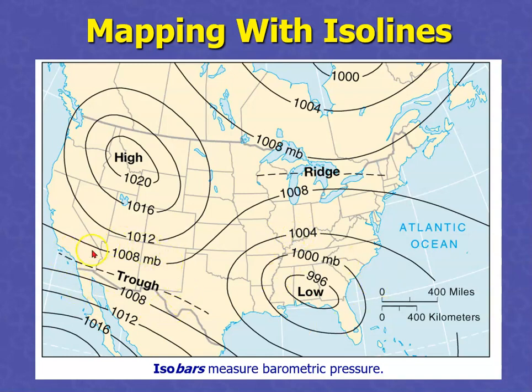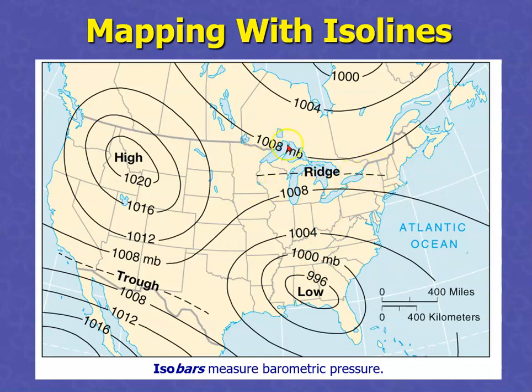Take this, for example. If we look at this area through here, in all directions, it's an area of increasing air pressure. So this is a band, it's called a trough. It's a trough of low pressure. And over here, it's the same number, about 1,008. This is about 1,008, but if you go away from it, air pressure decreases. So this is an area of high pressure through here.